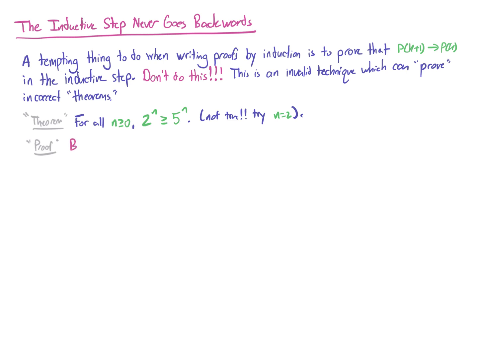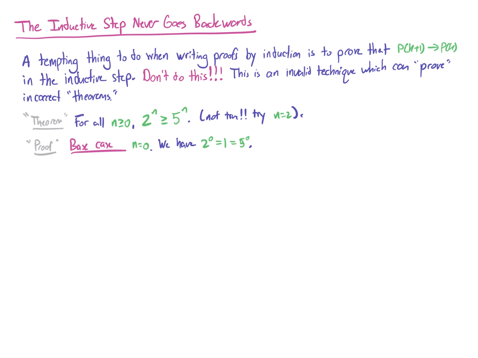For our base case, we'll choose n equals 0, because our theorem was supposed to apply for all n greater than or equal to 0. If we check this, we have 2 to the power of 0 equals 1, which is also equal to 5 to the power of 0.